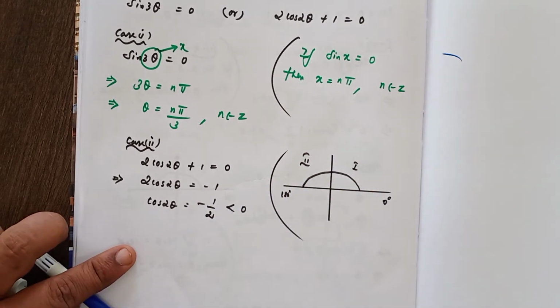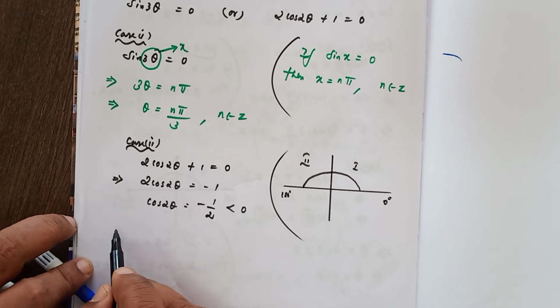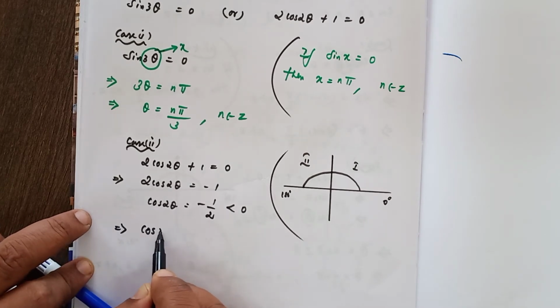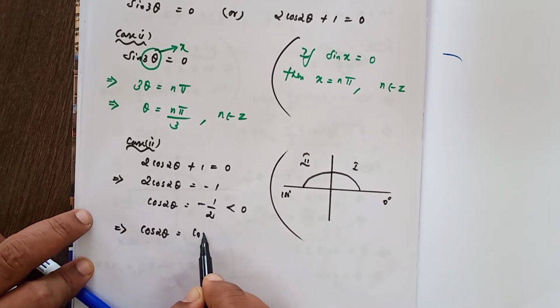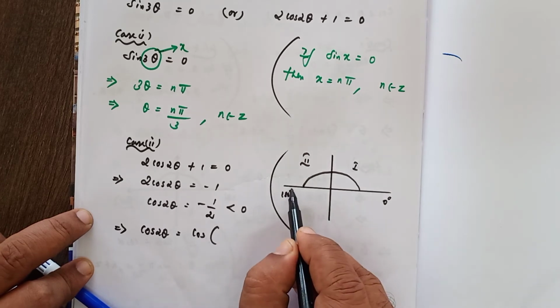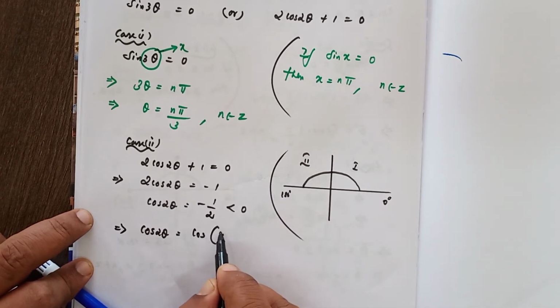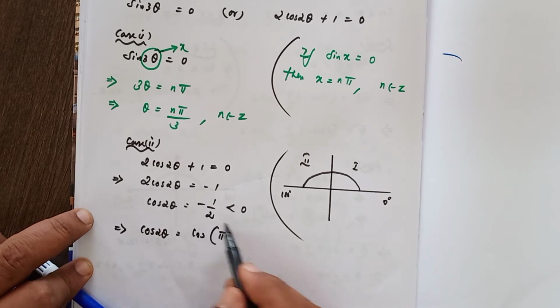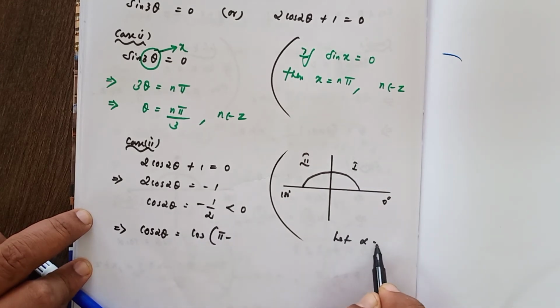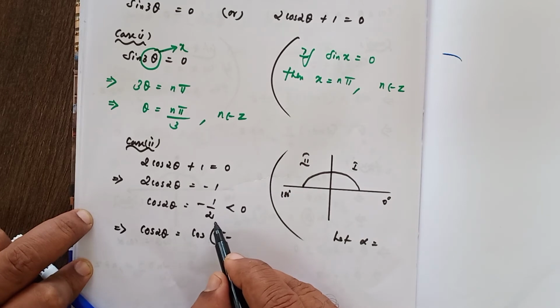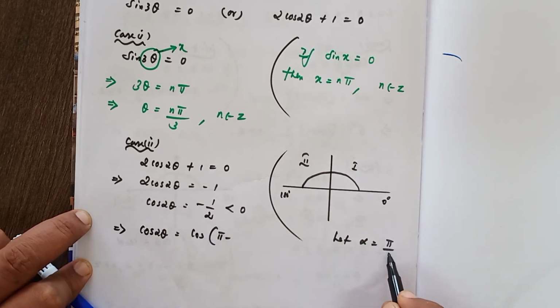So the angle will be cos 2 theta equals cos of (180 minus alpha). Here alpha: we know that cos 60 degree equals 1 by 2.